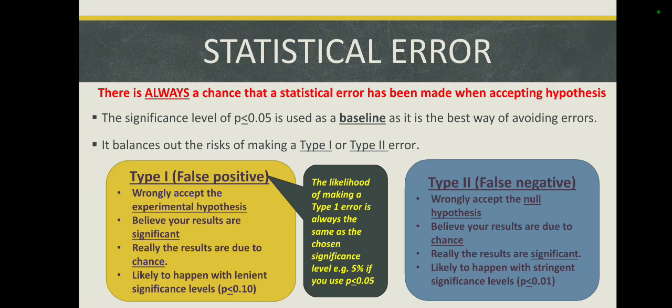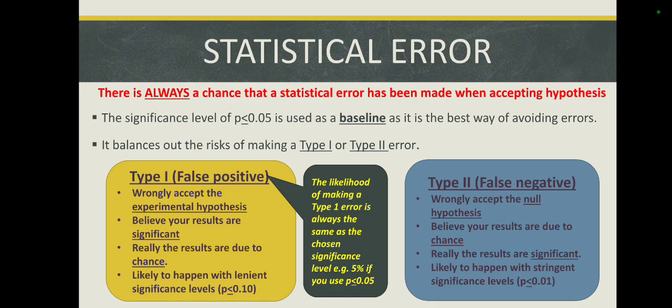Now, just to point out to you, because this is a common exam question as well, the likelihood or the risk of having made a type 1 error is always the same as the chosen significance level, because that is the type 1 error. A type 1 error is not eliminating enough chance from your research.